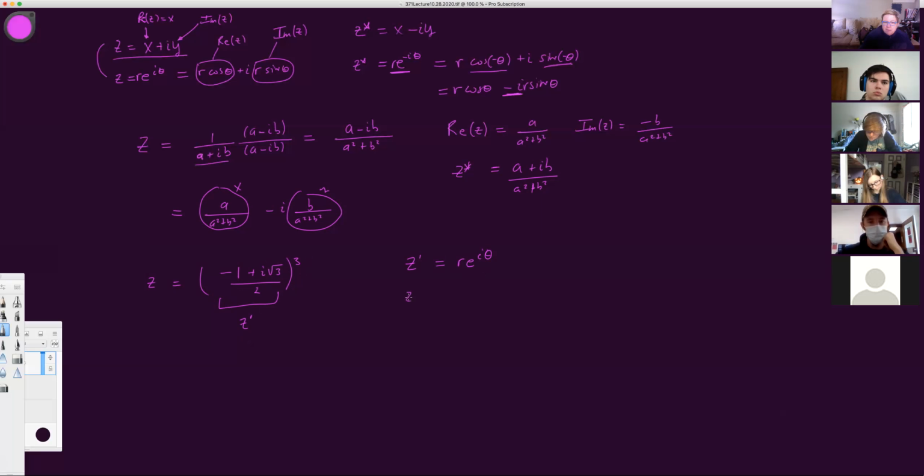Because z prime cubed is just going to be r cubed e to the 3i theta. Super easy. Okay. So how are we going to figure out what r is and what theta is for my z prime here?